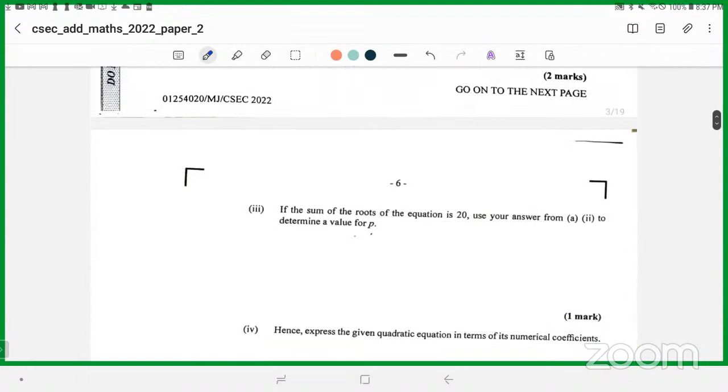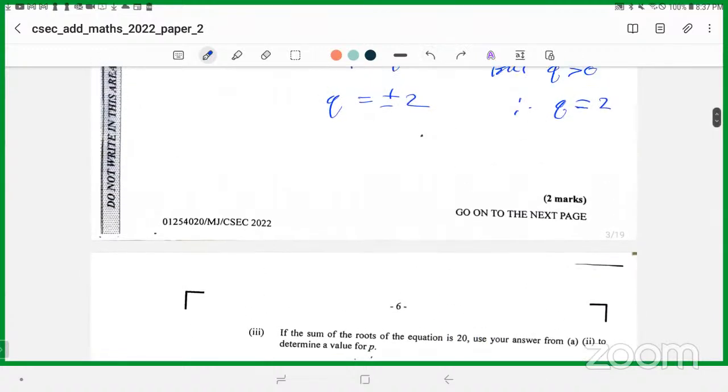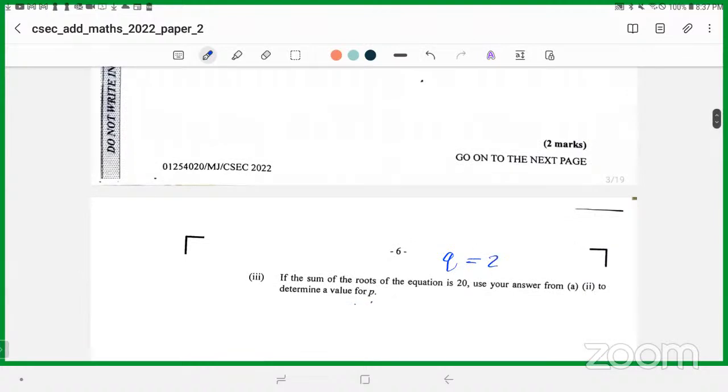Next part says, if the sum is 20, use the answers in A2 to determine the value of P. Now, what do we have? We have Q equals 2. And now they're telling us that the sum is 20.